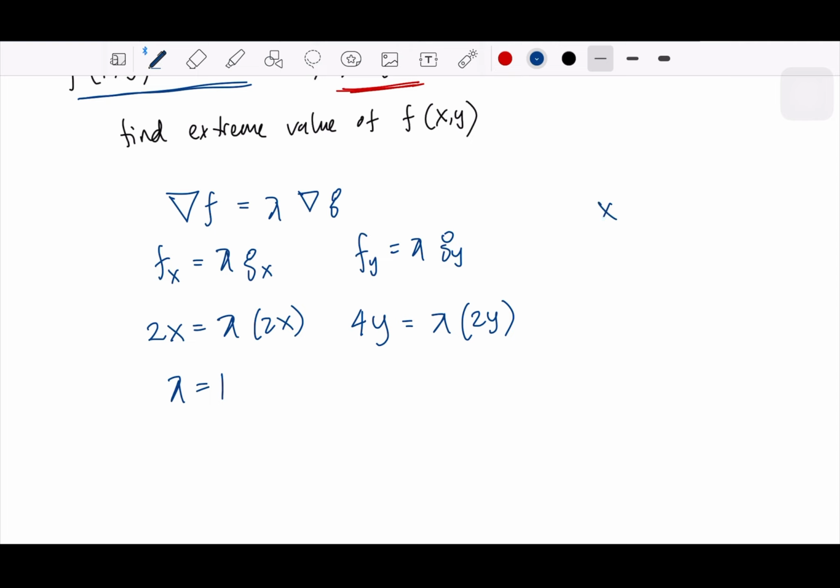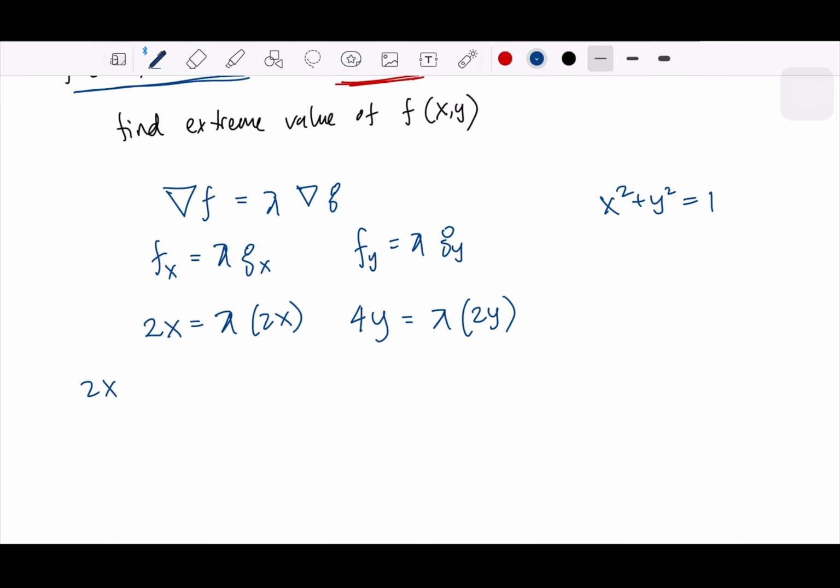And we get that x squared plus y squared is equal to 1.